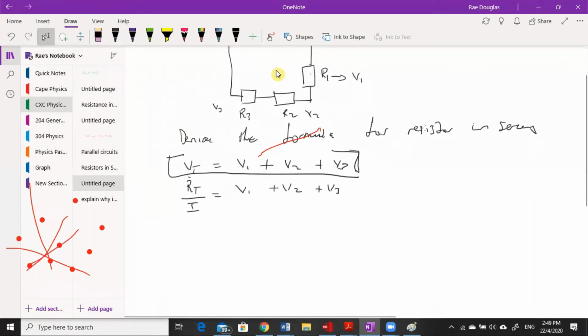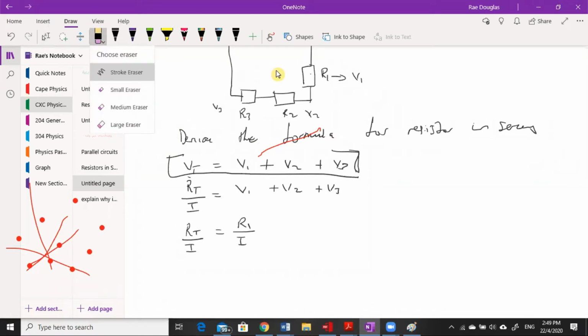So now for these individual V1, I can replace them with R1 upon I. Remember, the current in the circuit remains constant in a series circuit, right?